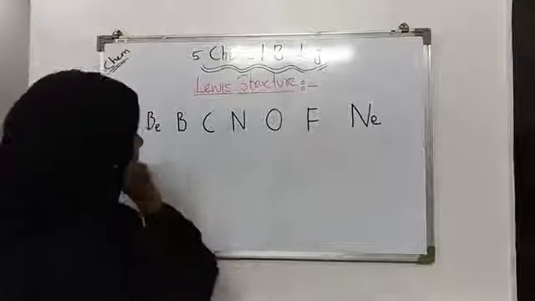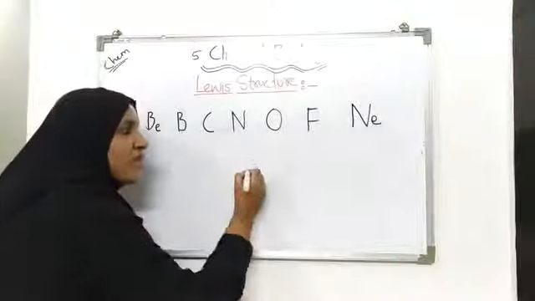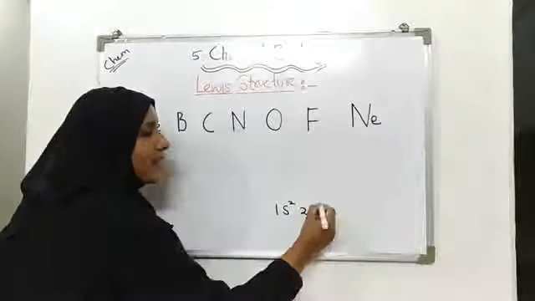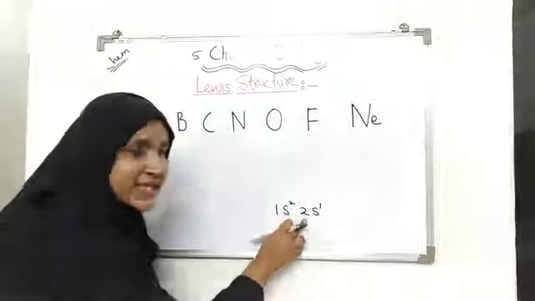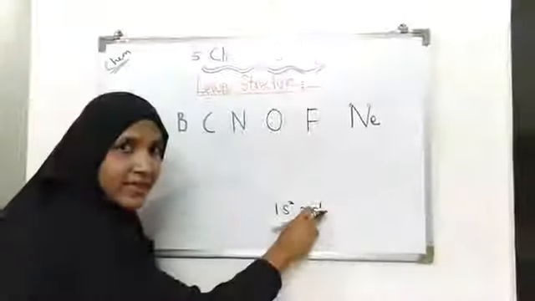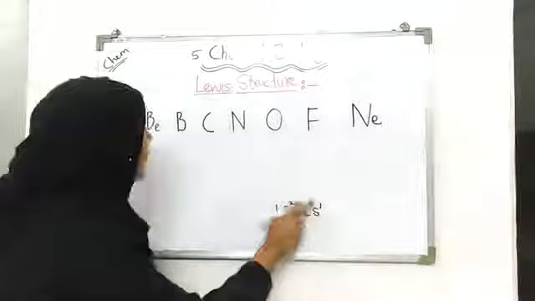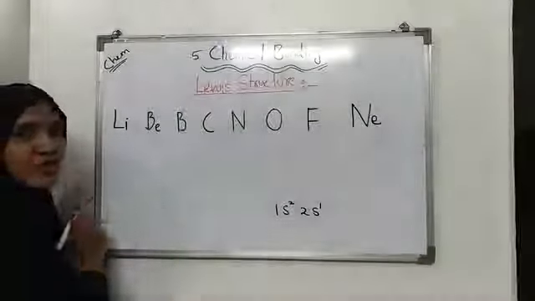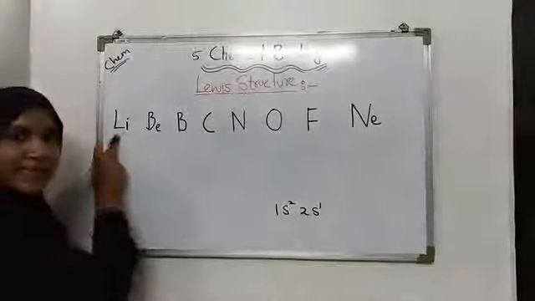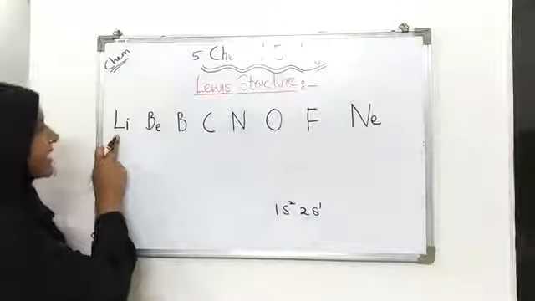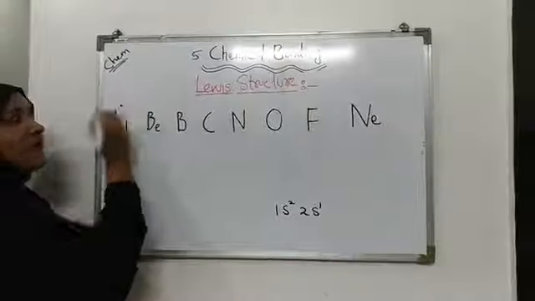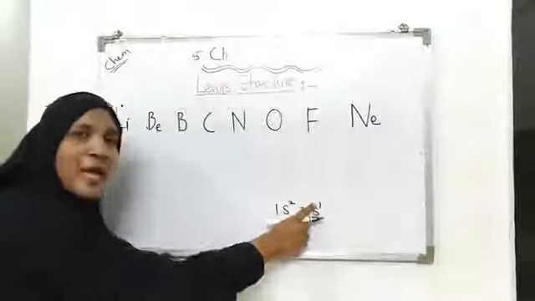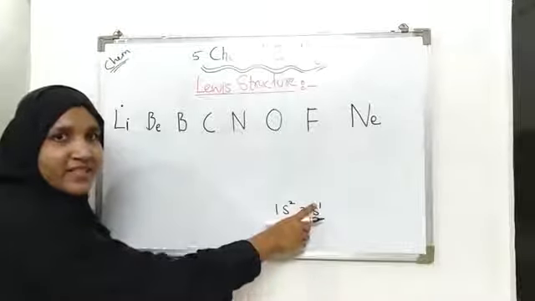So for lithium, we know the configuration of lithium is 1s2, 2s1. The valence shell contains one electron. So here I will write what? For writing the Lewis structure, I will write the symbol of lithium, and I will make a dot with it which represents the number of valence electrons in the valence shell.